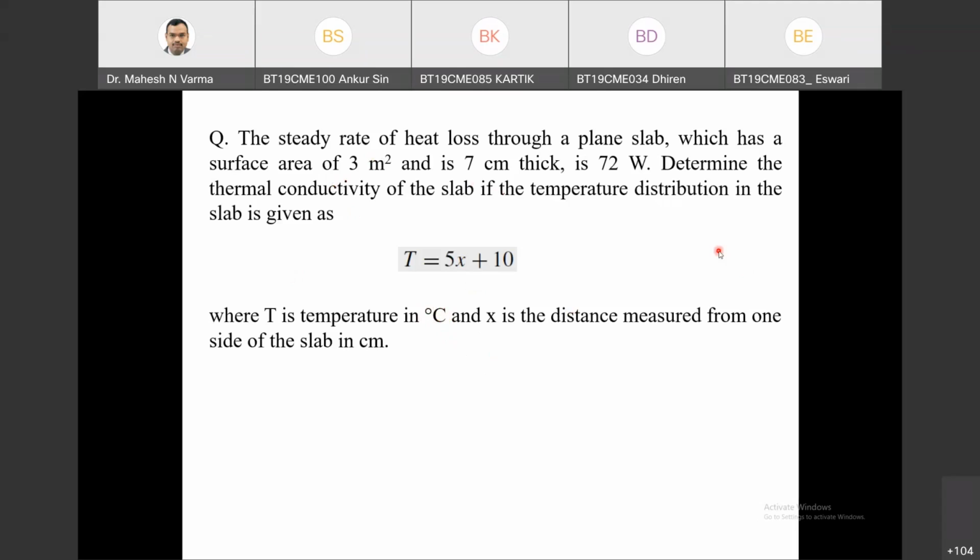Yeah, anybody else in the class? Maybe because even if we convert it to Kelvin, a constant value would be added, and when we calculate dT by dx, the constant will anyway get eliminated on differentiation. Yeah, so it will not cause any difference, because here we are not discussing absolute temperature. It is a delta T, a gradient, we are discussing.